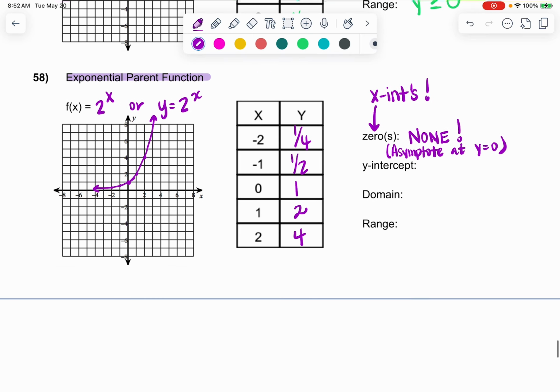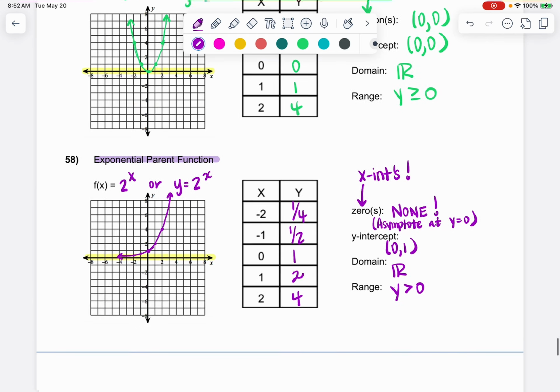So that's why there are no zeros, because it'll never cross that x-axis. Its y-intercept is 0, 1 though. It does have a domain of all real numbers, but it doesn't have a range of all real numbers because of that asymptote. And so since it's above the asymptote line, our range is y is greater than 0.